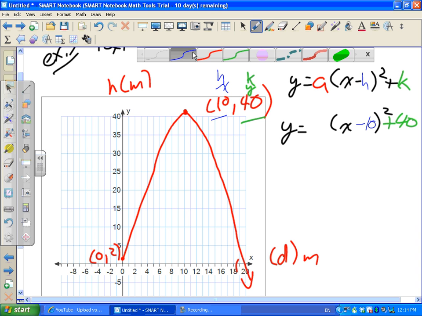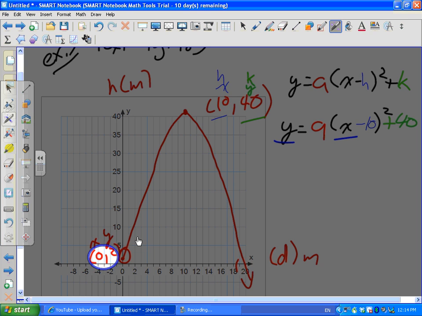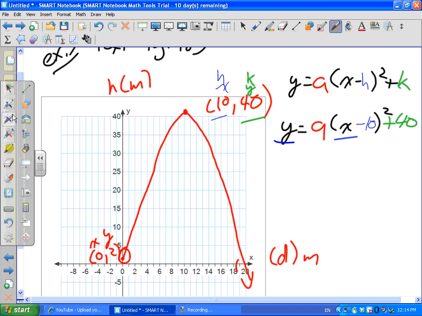So our a, we have to solve for a. We do have another coordinate right here, and it gives us an x and a y value. So we're going to replace our x and our y with this coordinate. When we go to write it in, my y is 2. I'm trying to solve for a. My x is 0. Is that the exact same from above? Oh my gosh, exact same one.